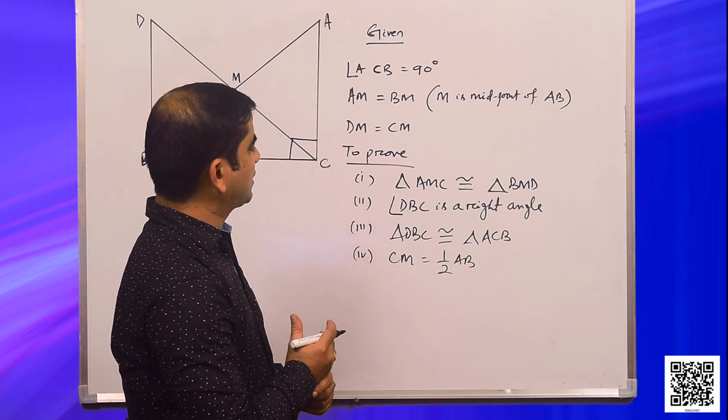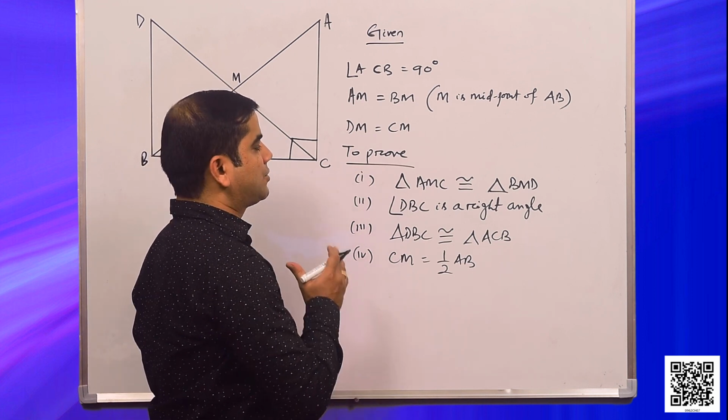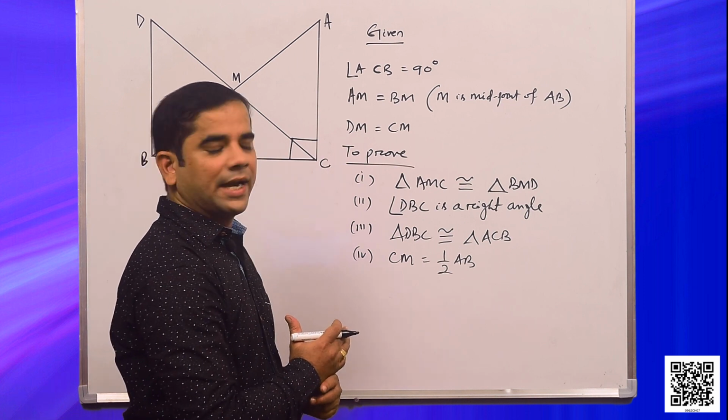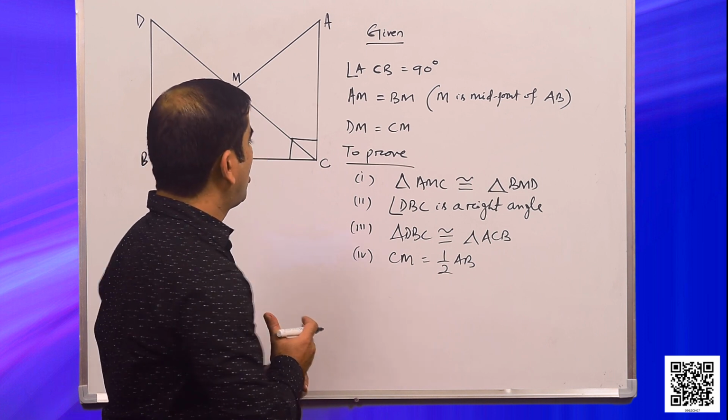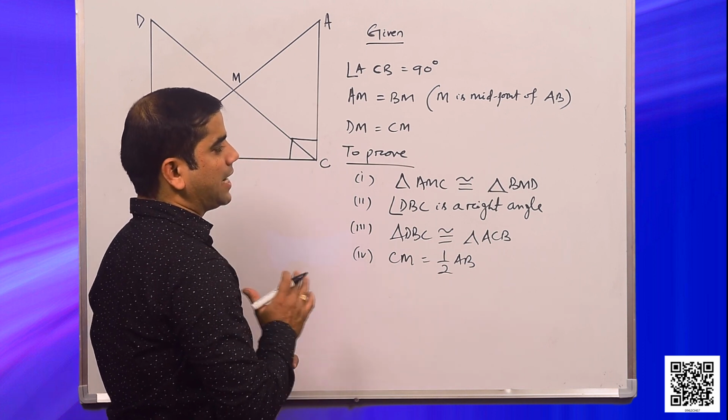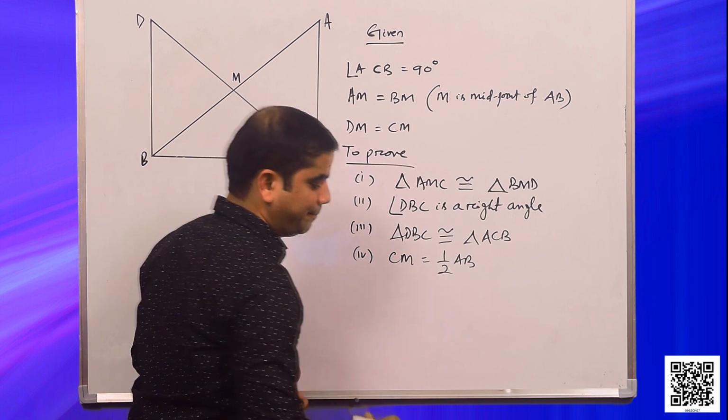So, let us first go to the first bit and prove triangle AMC is congruent to triangle BMD. For that, we need to concentrate on triangle AMC and triangle BMD. Okay.